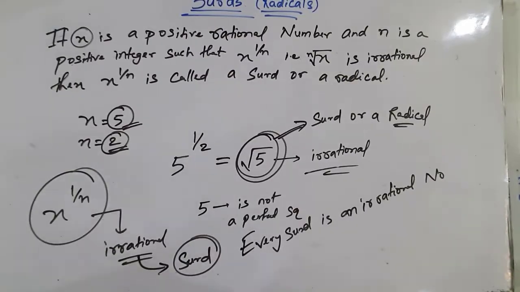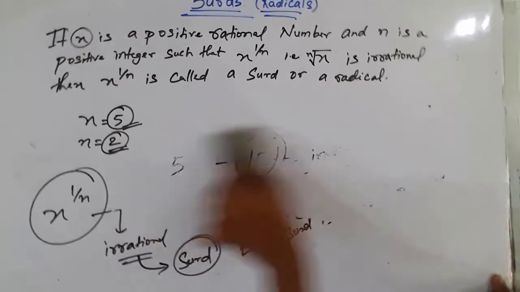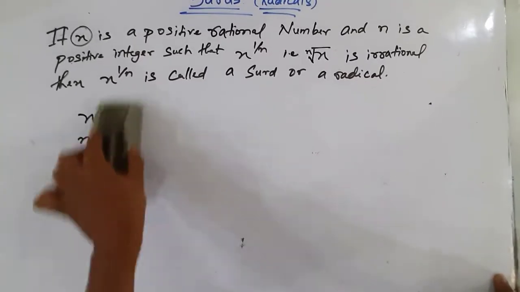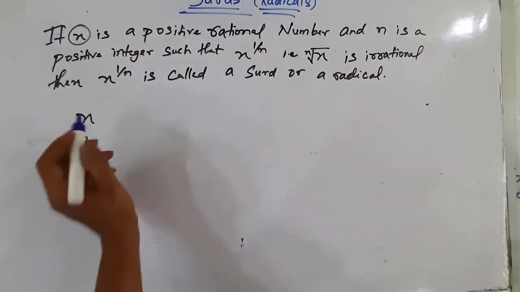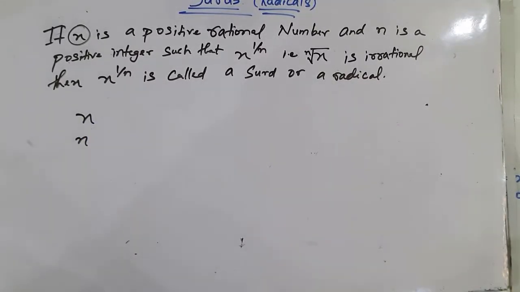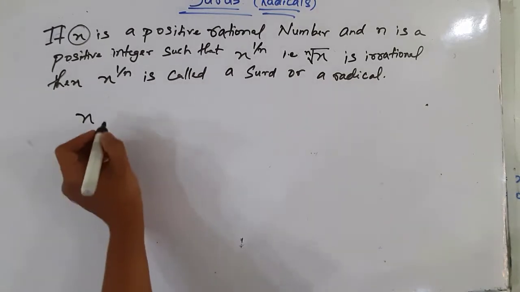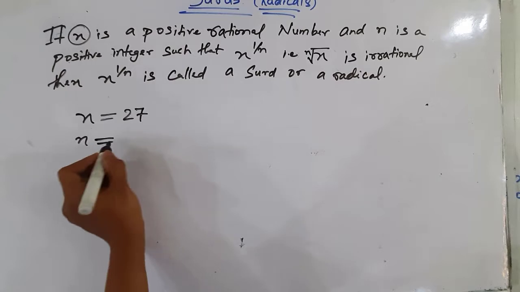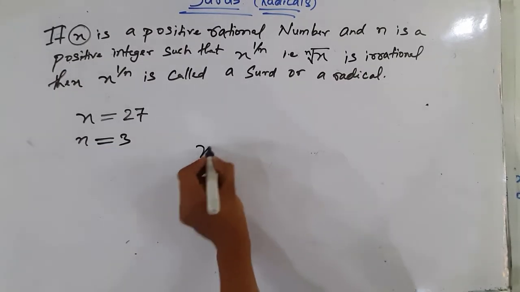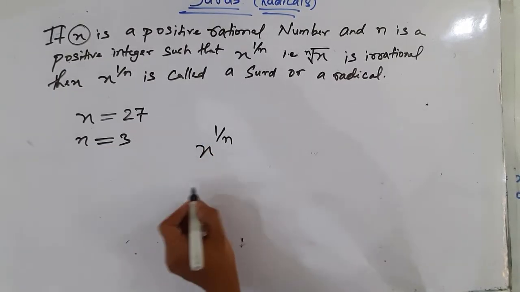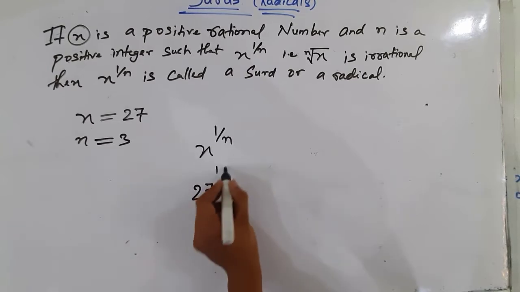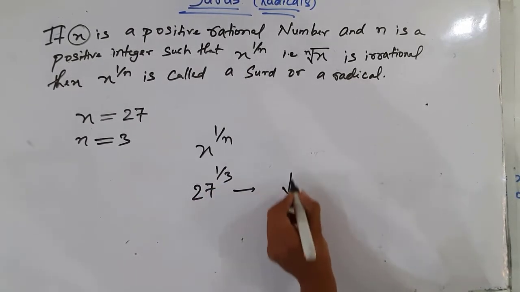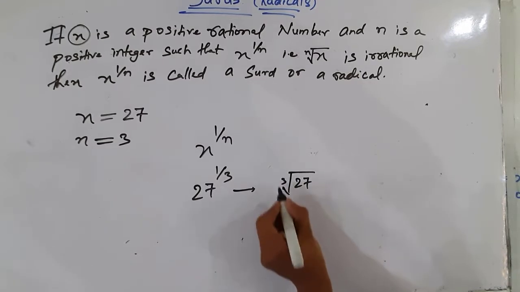So let us take one more example. Like if we consider the value of x is 27 and the value of n is 3. So we write x to the power 1 upon n. Here it can be written as 27 to the power 1 upon 3, which can be expressed as cube root 27.